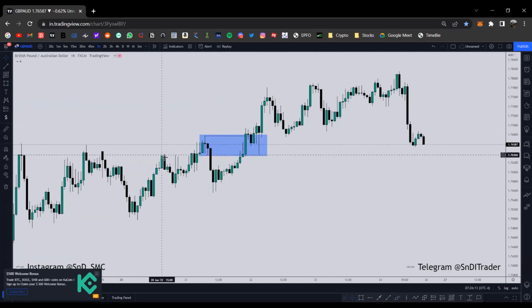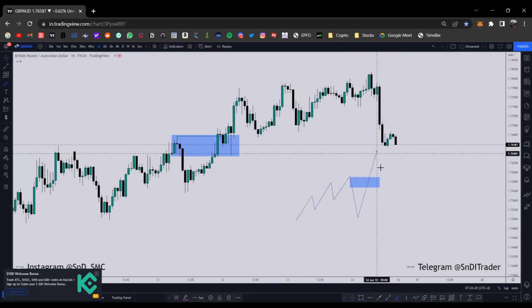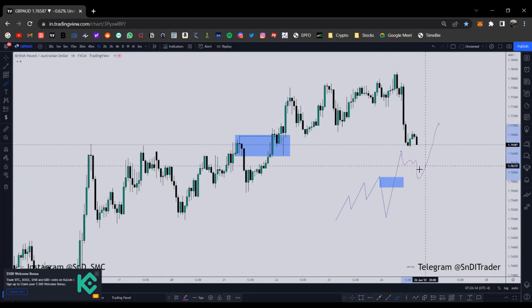Like it made a higher high, lower low, something like this. Higher low, higher high, higher low, higher high, lower low. Then again moved towards the upside. So this will be your good breaker block. Trade inside this block and it can give a move towards the upside.